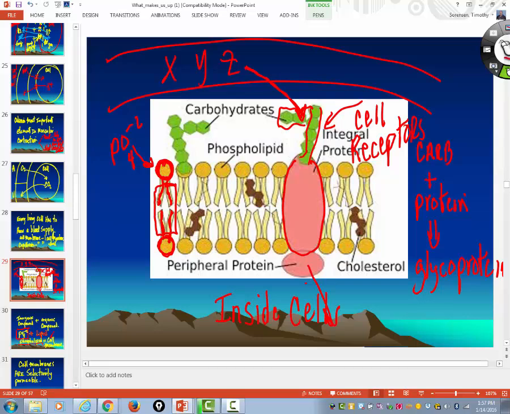Now, because different cells do different things, they're going to have different types of receptors embedded in their cell membrane. And this is perfect. And clinically, this has profound implications. It's profound, because many drugs work by either stimulating a receptor or blocking a receptor.